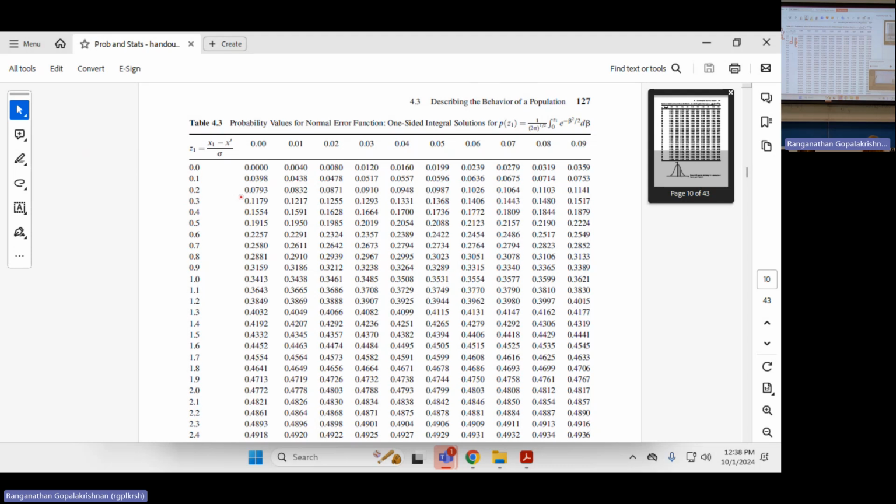If I put z equal to 1, how will you read this table? You look down, look for 1, the value is 0.3413. So if I'm interested in the integral from 0 to 1 of e power minus beta squared over 2 over square root of 2 pi d beta, this value is 0.3413. You can read it from the table. Okay. If I want 0 to, let's say 0.5, can you read and tell me?